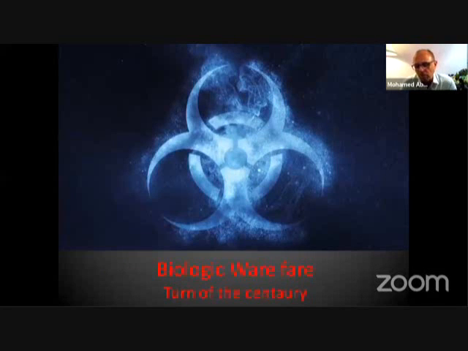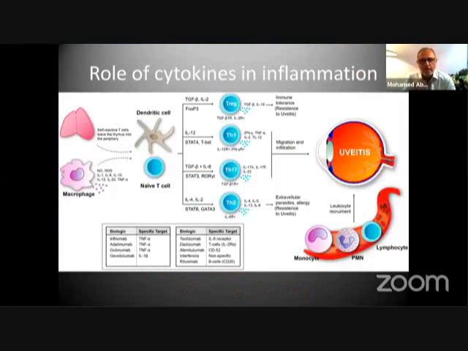And at the turn of the century, the biological warfare started, with research on antibodies against cytokines. With understanding the role of cytokines, they started to produce antibodies and drugs against them. The most studied cytokine is tumor necrosis factor alpha. However, there are plenty of other cytokines being targeted, like interleukin 1, 2, 6, and 17, as well as interferon gamma.